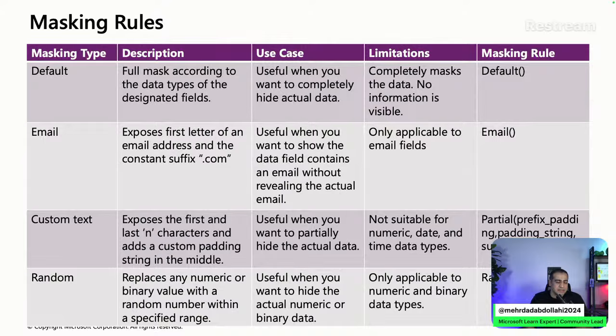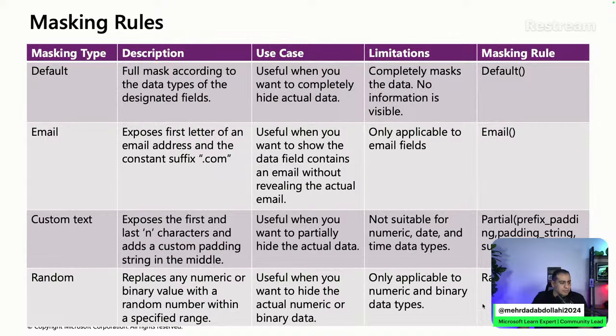We have the custom text that you can use for partial masking, for example, a first name or last name, where you only want some number of characters of your text to be visible. The rest are going to be masked, right? The rule that we have is partial, with prefix padding, padding string, and then suffix padding.